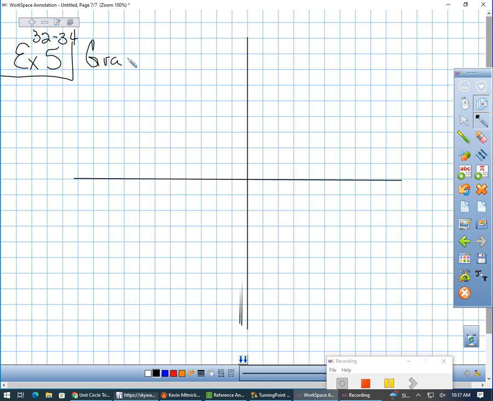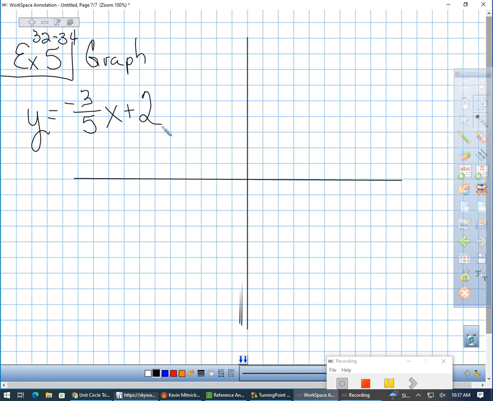Graph. And here's what we need to graph. We are going to graph y equals negative 3/5x plus 2.